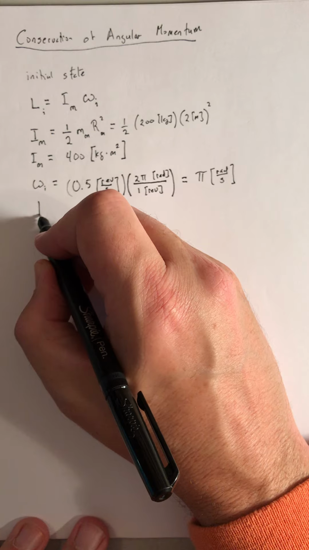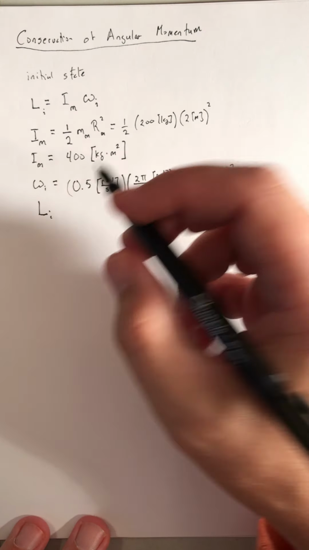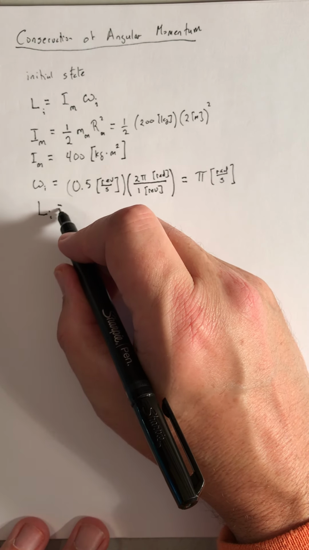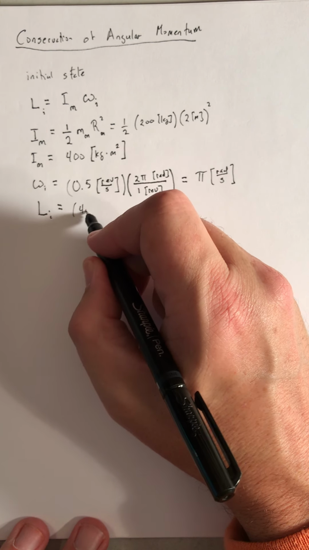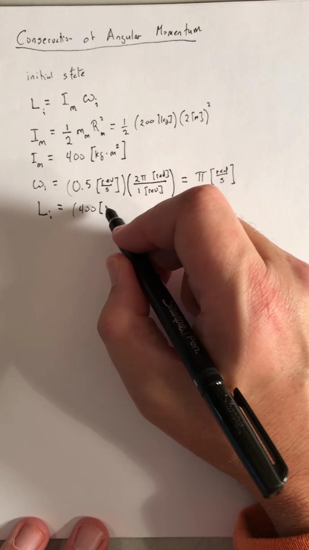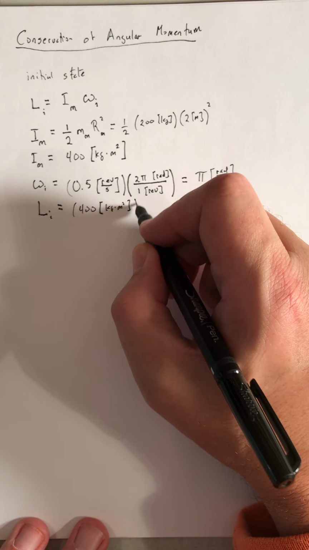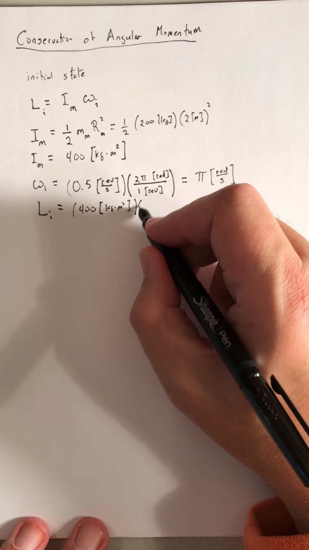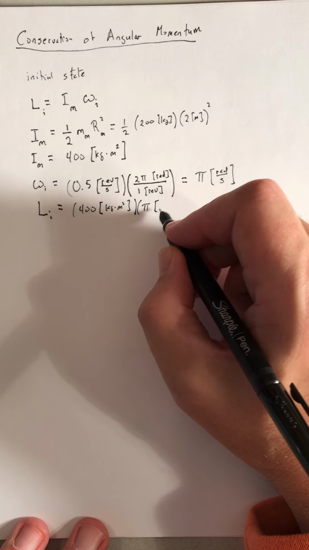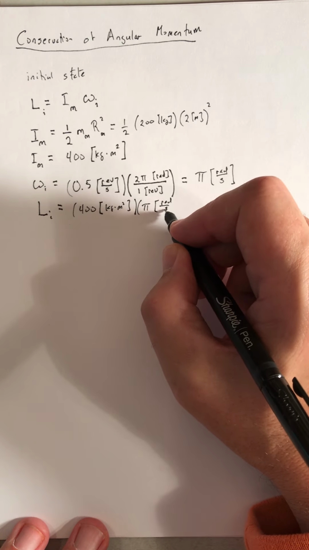So our initial angular momentum that's going to be conserved is 400 kilogram meters squared times pi radians per second.